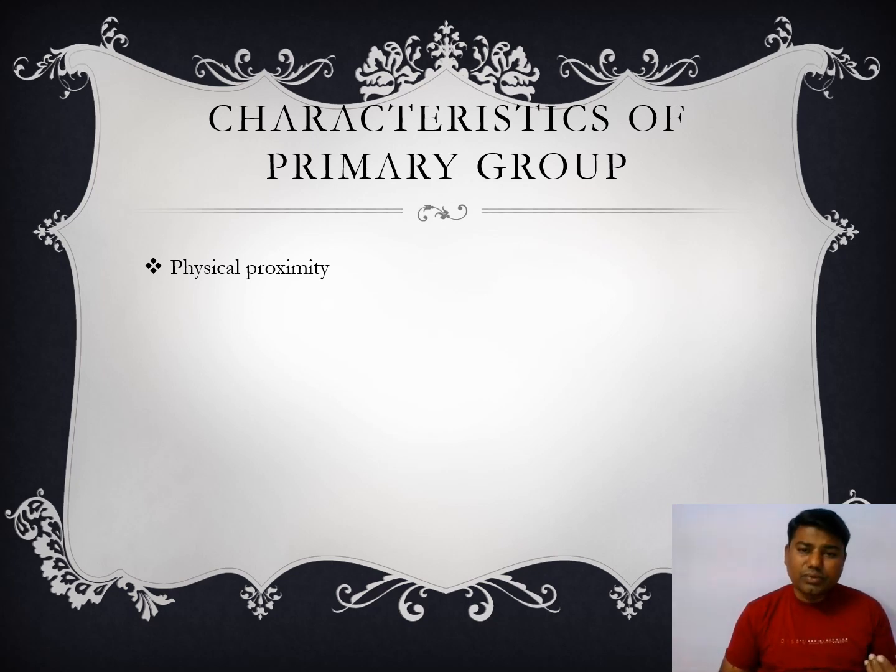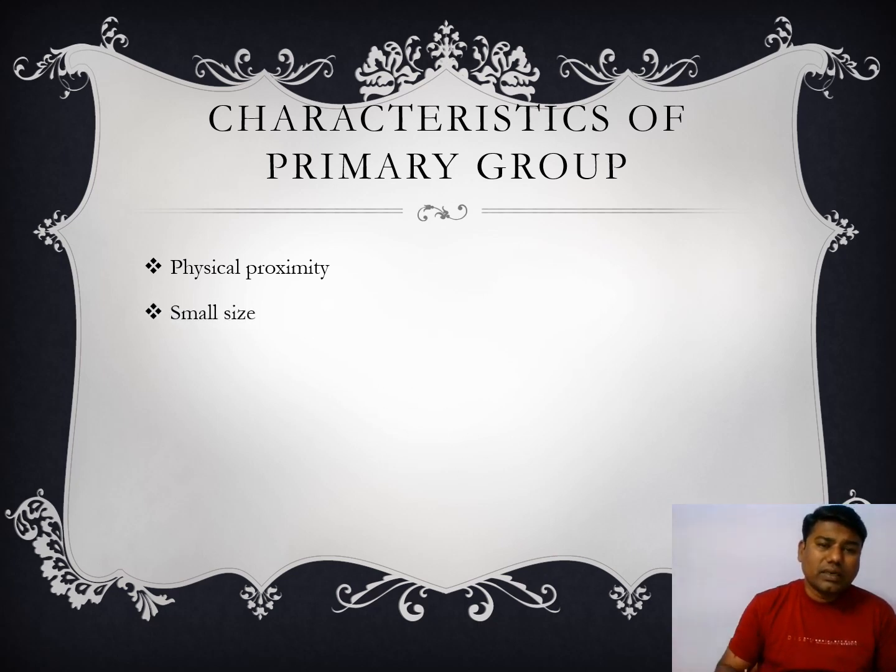Seeing and talking with one another, and exchanging ideas and opinions within the family, make the existence of primary group possible. For example, studying together, playing together, eating and dwelling together. These are the things which happen in a primary group. So physical proximity provides an opportunity for the development of primary groups.